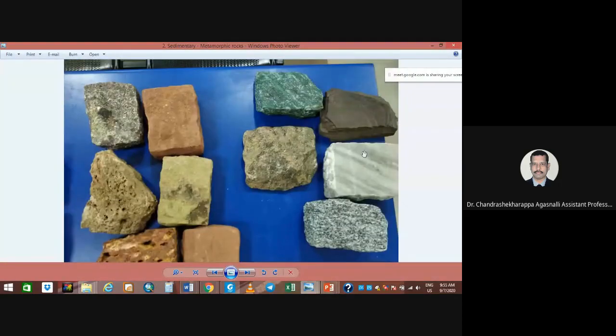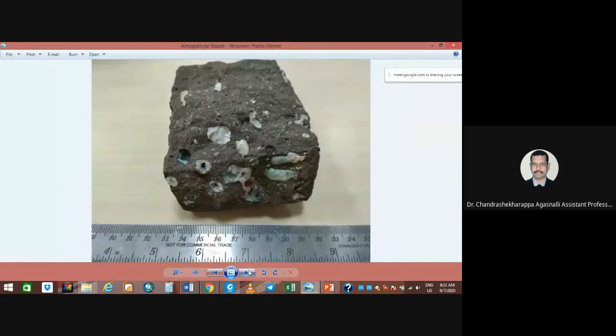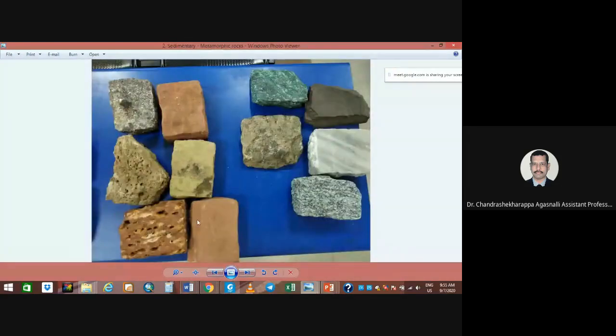And here is the quartzite, and it's a marble, and it's a gneiss. So these are all different rocks. These are all the sedimentary rocks, and these are all the metamorphic rocks. Metamorphic rocks are formed from the sedimentary as well as the igneous rocks.